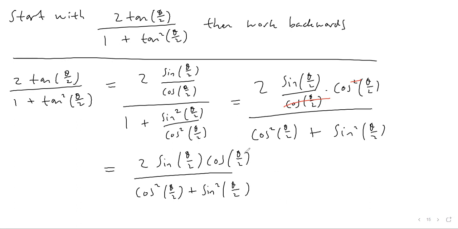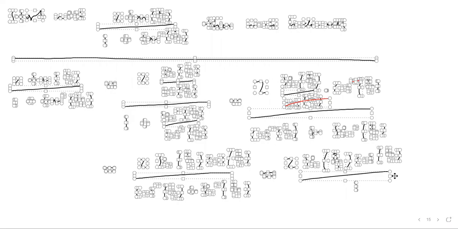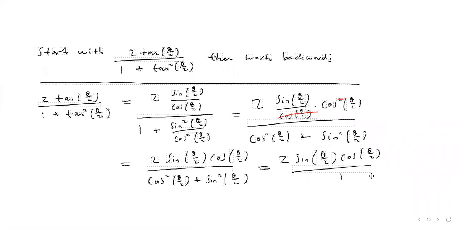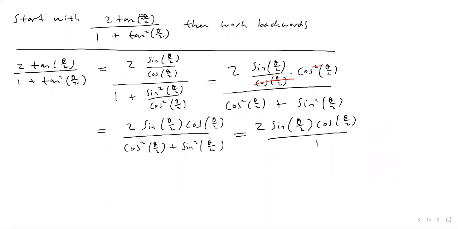Right, so what do you notice about the bottom? Remember, sine squared plus cos squared is 1. This is just the number 1 on the bottom. So therefore, we're just left with two lots of sine theta over 2 times cos theta over 2.